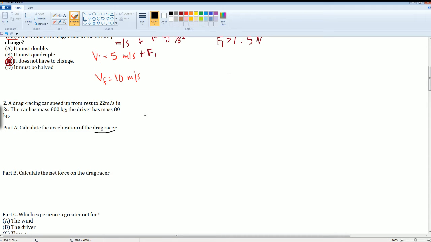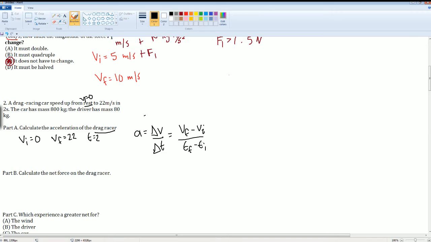So the acceleration goes from rest. So VI is equal to 0 because it's from rest. V final is equal to 22 meters per second, and time is equal to 2 seconds. The kinematic equation is that acceleration is defined by your change in velocity over your change in time, which is simply v final minus vi divided by t final minus ti.